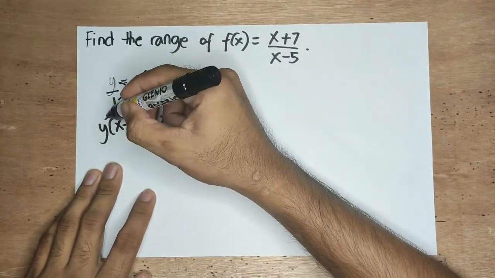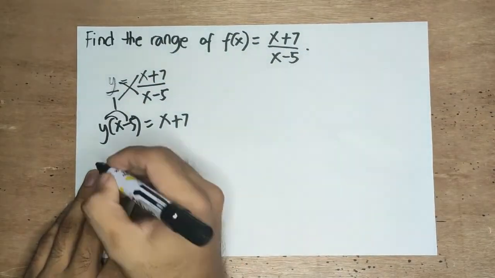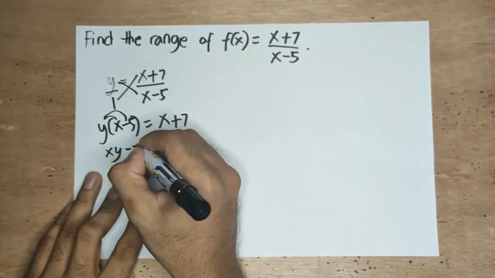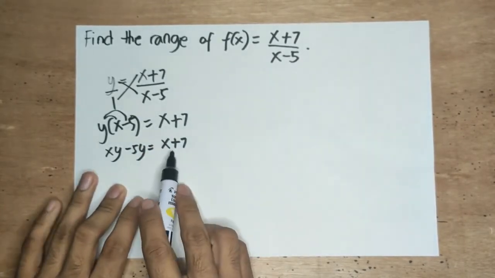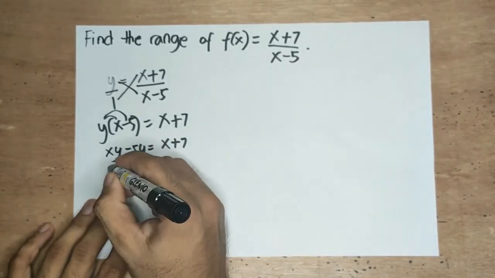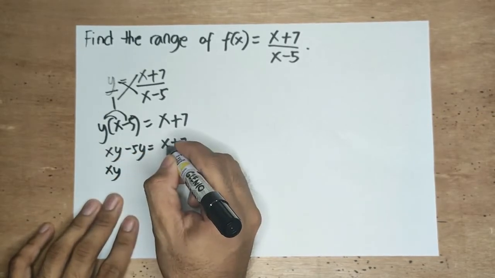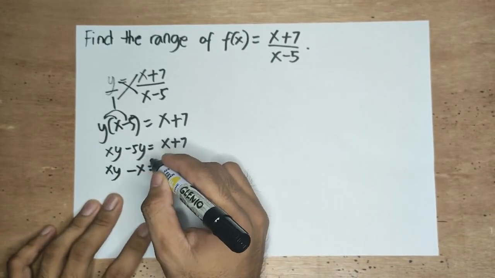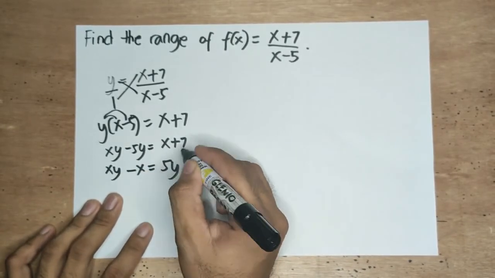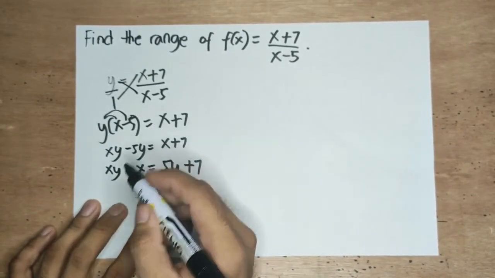So distributing y to all the terms here, it will give us xy minus 5y is equal to x plus 7. Transposing positive x to the left, we have xy. From positive x, it will be negative x. And then transposing negative 5y to the right, it will give us 5y. Then we bring down positive 7.